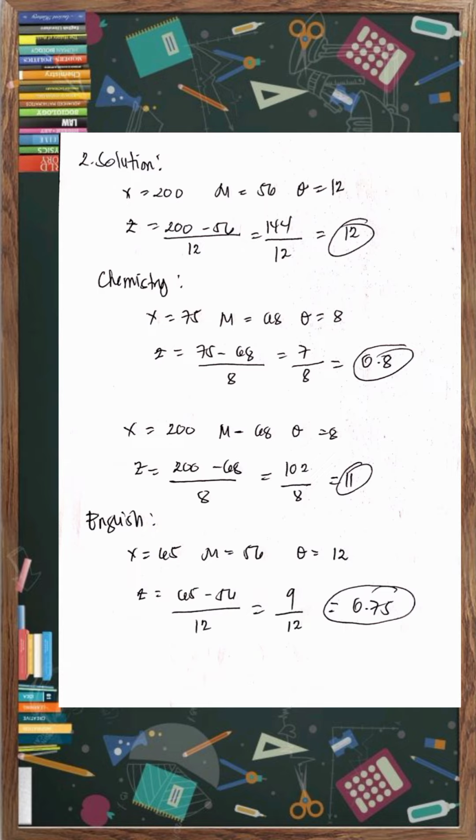X equals 200, M equals 68, and standard deviation equals 8. Z equals 208 minus 68 over 8. Then English, X equals 65, M equals 56, and standard deviation equals 12. Z equals 65 minus 56 over 12 equals 9 over 12. The 9 divided by 12 equals 0.75.